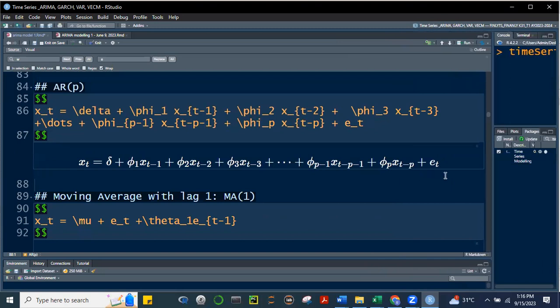Okay, so this is an ARP process with P lags. This is your T minus P. This is phi sub P. This is the Pth lag.